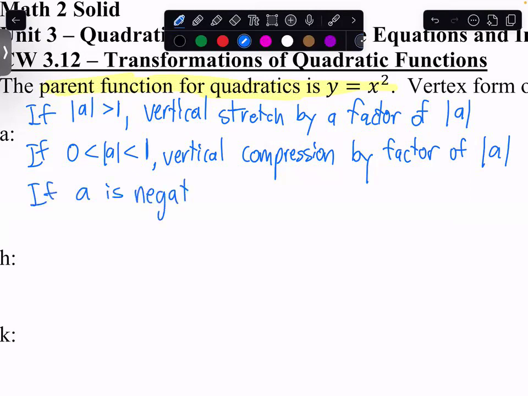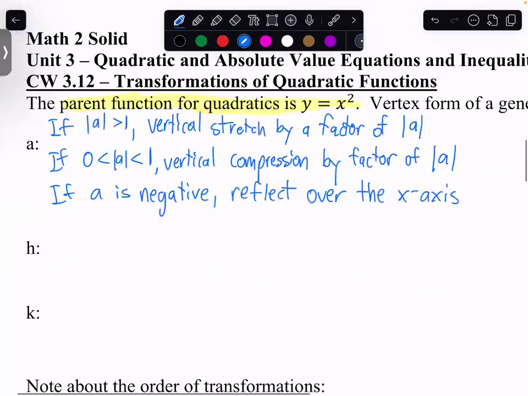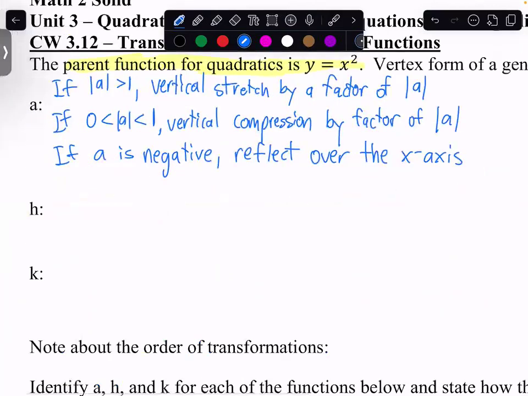Okay, and then lastly, if A is negative, that means that you reflect over the x-axis. Okay, so yeah, A does all of those things.